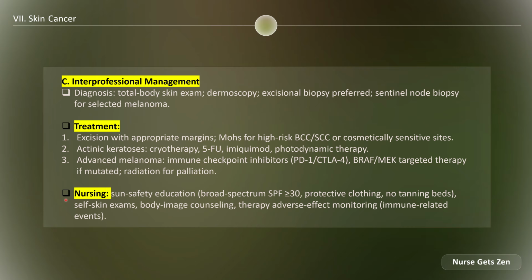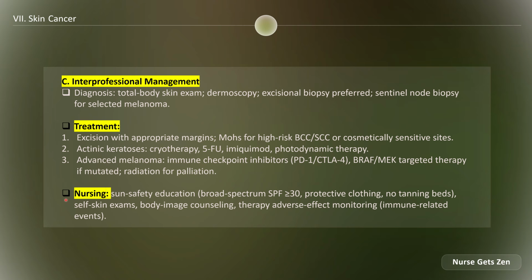A diagnosis of skin cancer can evoke fear and concern over alteration in body image, prognosis, and finances. Refer to social work or a psychologist.